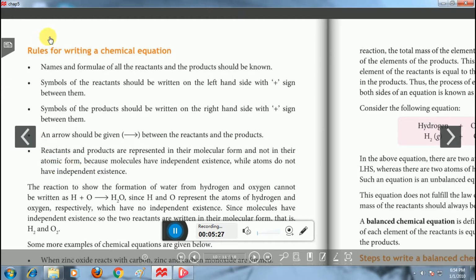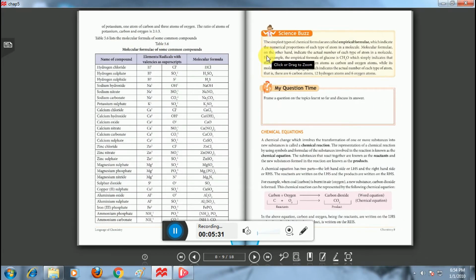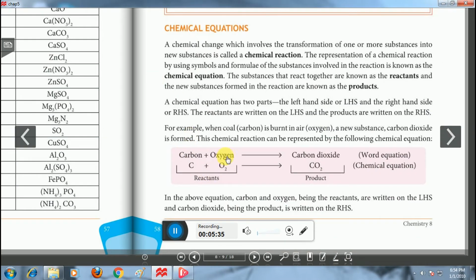For example, in the previous page, when carbon and oxygen react, you can't write only O, because O is the symbol of oxygen but O2 is the molecular form of oxygen. Look at this carefully. C is the symbol of carbon as well as the molecular form of carbon.